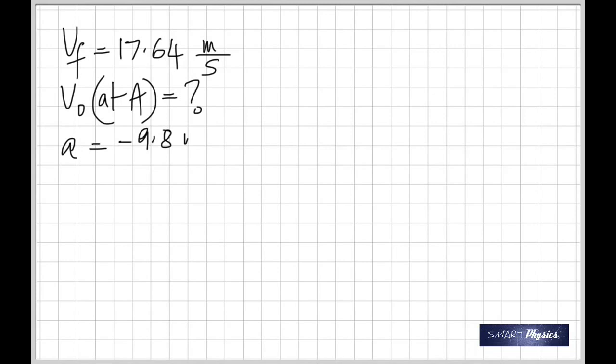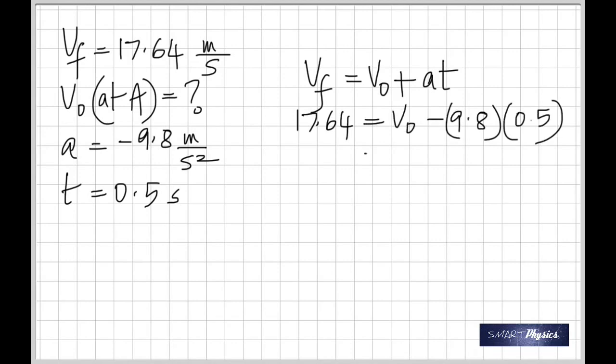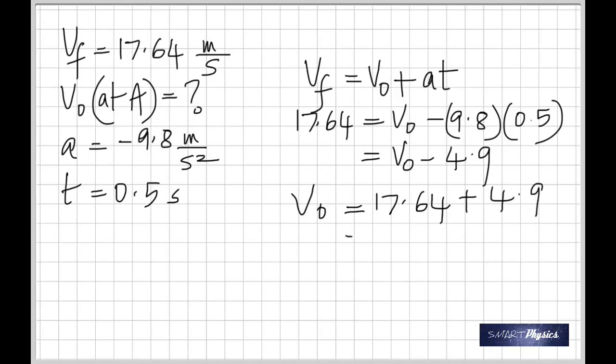A is minus 9.8 meter per second squared, time is 0.5 seconds. Use this equation and calculate v naught. Turns out to be 22.6 meter per second.